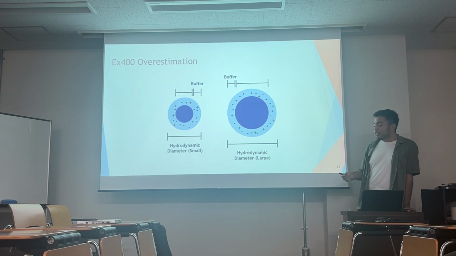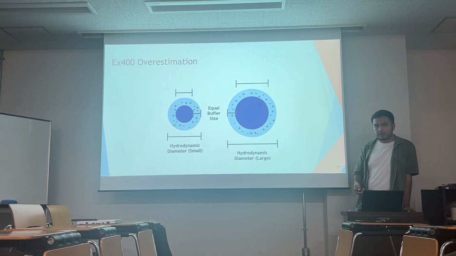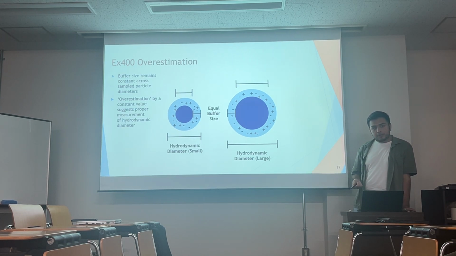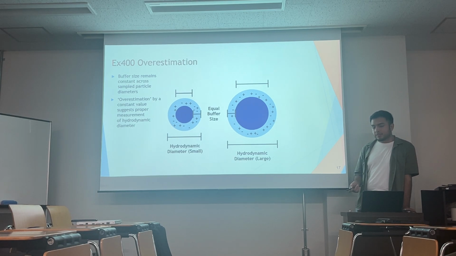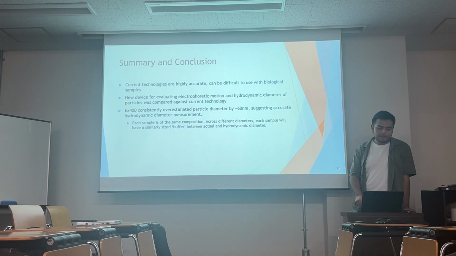If you look at different particles of different sizes, you'll see that they have the same buffer, the same difference between their actual size and their hydrodynamic diameter. So buffer size remains constant if it's the same material through different diameters. So a constant overestimation of about the same size tells us the EX400 might actually be accurately measuring hydrodynamic diameter.